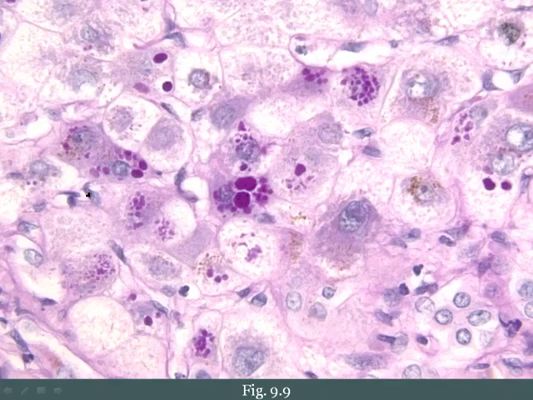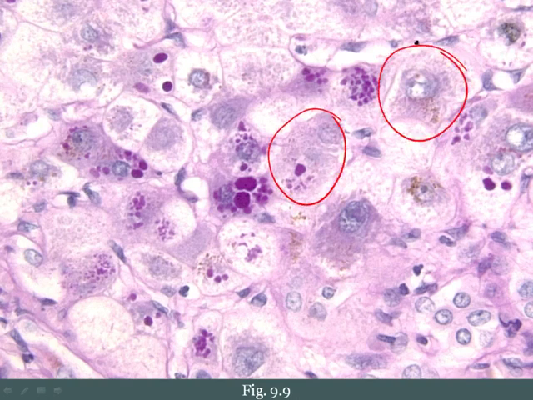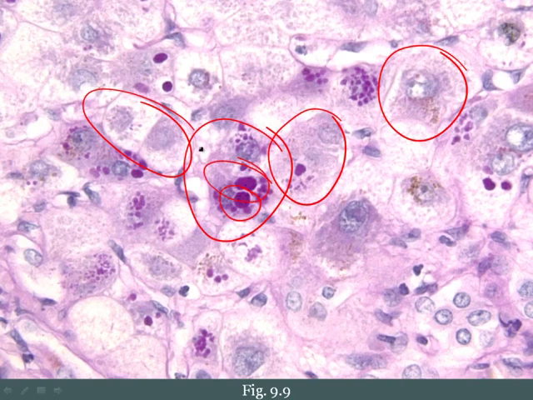And here's the high-yield way by which examiners like to ask this. So these are all hepatocytes. This is a biopsy of the liver. And you can clearly see that, for example, in this hepatocyte, there are these round purple or pink-colored globules. These purple or pink-colored globules actually represent alpha-1 antitrypsin that's building up in the hepatocyte.